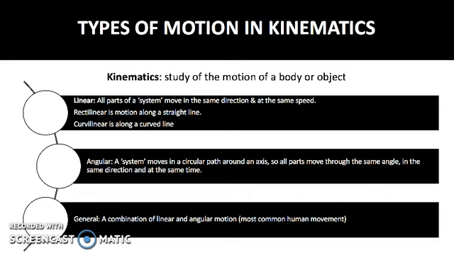An example of linear motion is a ball rolling across a court. An example of angular motion might be the movement around a bar in gymnastics, the bar being the axis in this case. And an example of general motion would be your movement in a 100-meter sprint.